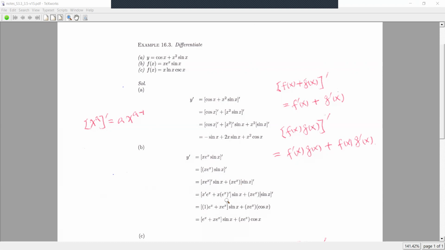Derivative of e^x is e^x. Derivative of sine is cosine. Simplify this result a little bit, then this is the derivative of the function in part B.